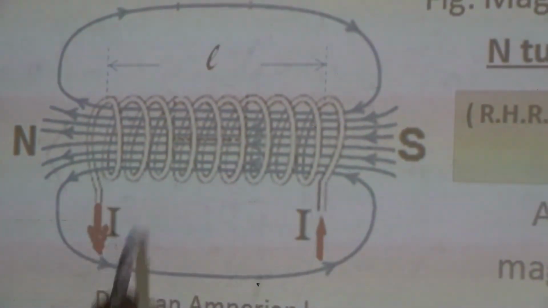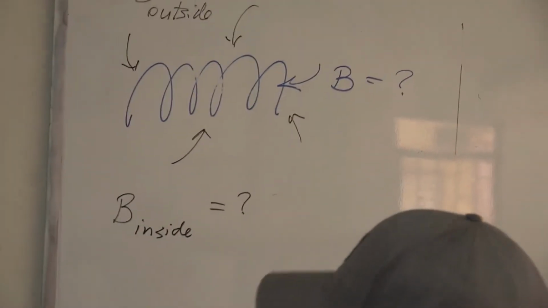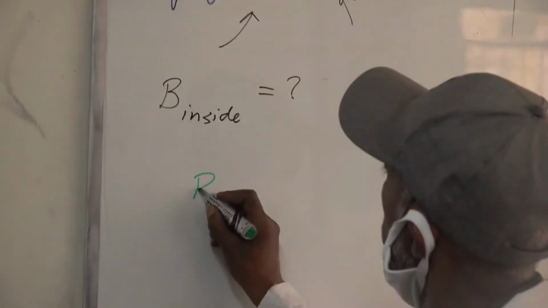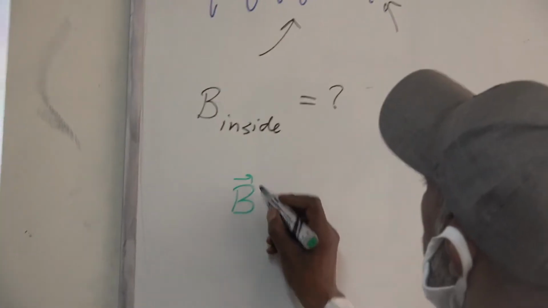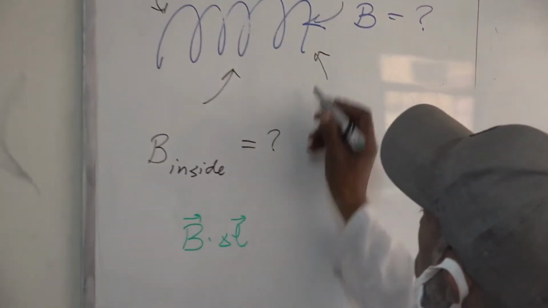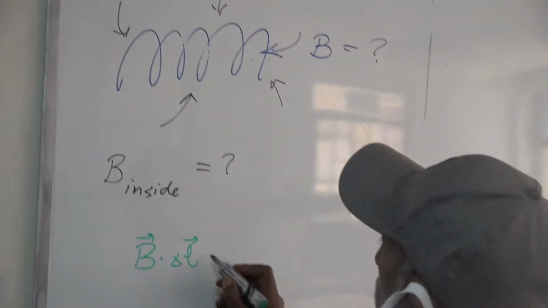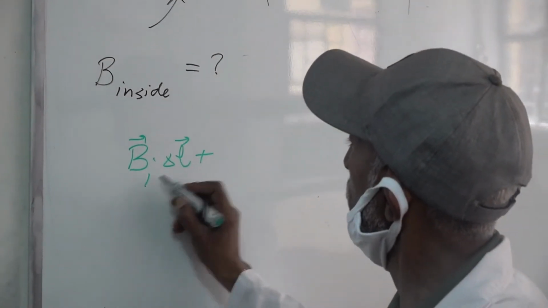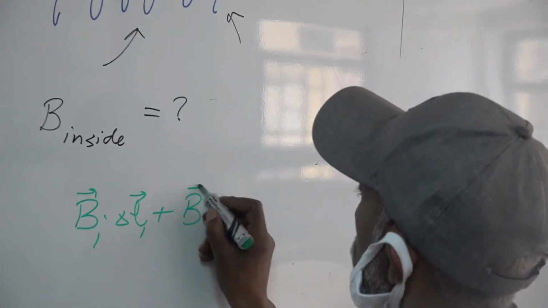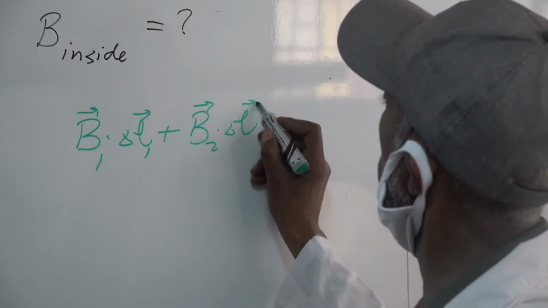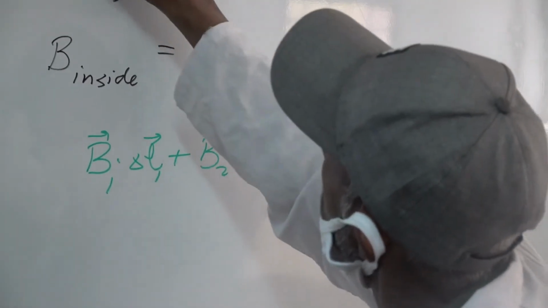So inside, wherever you might be, it is the same. In that case, the Ampere circulation sum will give you B inside dot a small distance delta L, plus B1 delta L1 plus B2 delta L2, and so on until you come here.